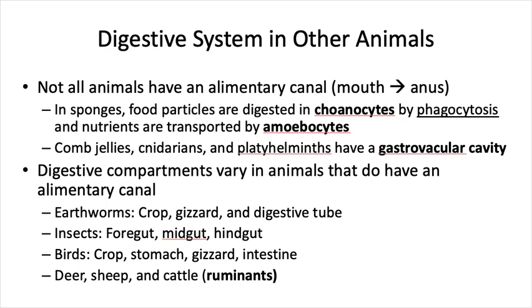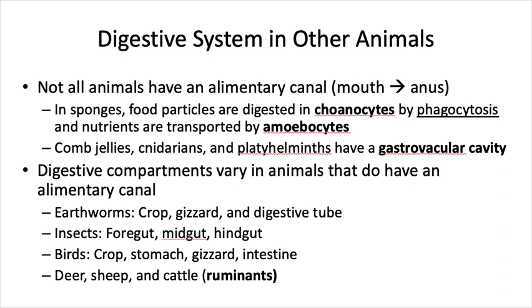A brief comparison to other animals. We learned that not all animals have a complete digestive tract or an alimentary canal. In fact, some animals don't even have a digestive system. In sponges or in the phylum Porifera, food particles are ingested directly by choanocytes or collar cells through phagocytosis, and then the digestion occurs intracellularly.